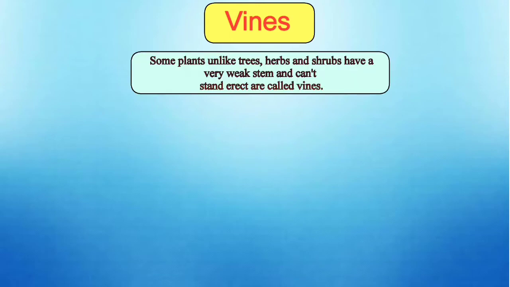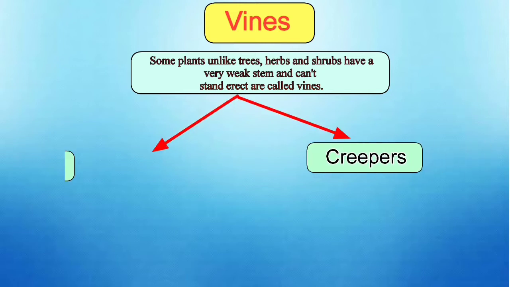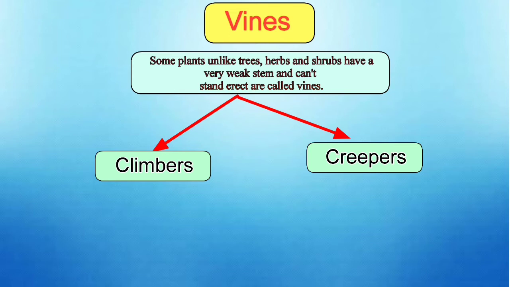Vines. Some plants, unlike trees, herbs, and shrubs, have a very weak stem and can't stand erect, and are called vines. Vines are of two types: creepers and climbers. Climbers.